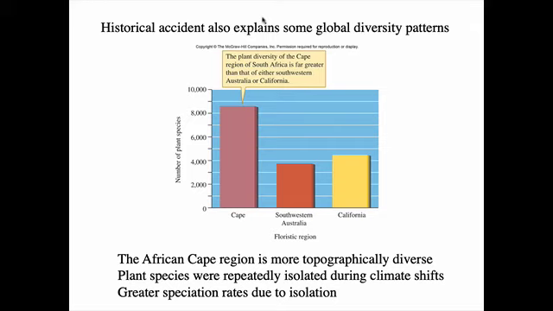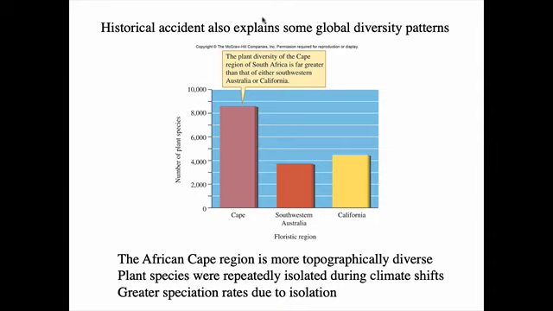So there are many, many more opportunities for species to colonize niches in the Cape region of South Africa. And that's a complete accident. That is not explained by anything in particular, any pattern of favorability or area. In fact, the Cape region is fairly small by comparison.